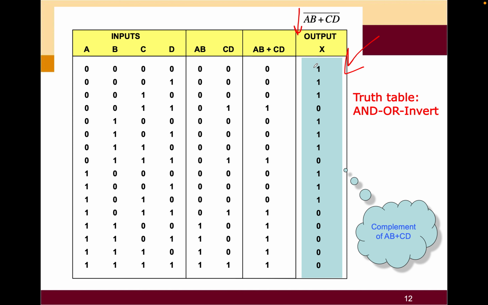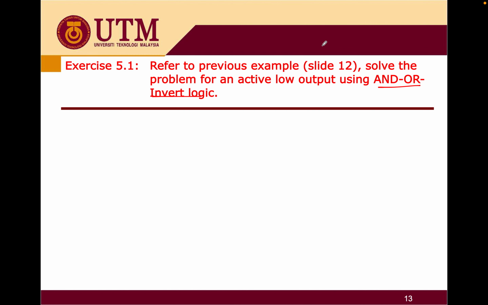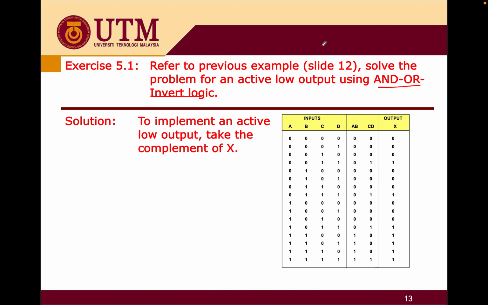You can see here, you can combine it together to be AND gate, AND gate, AND gate, AND gate, and also an OR gate. After that, you're going to have a bar. To implement an active low output, it is already mentioned: active low. What is the meaning of active low?